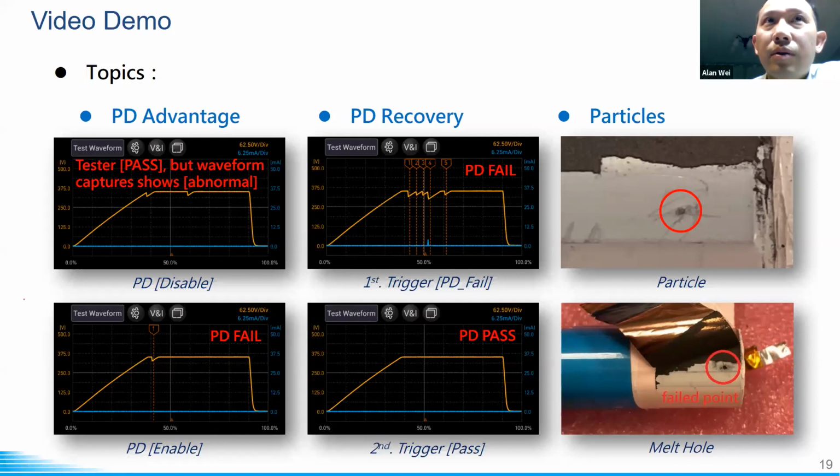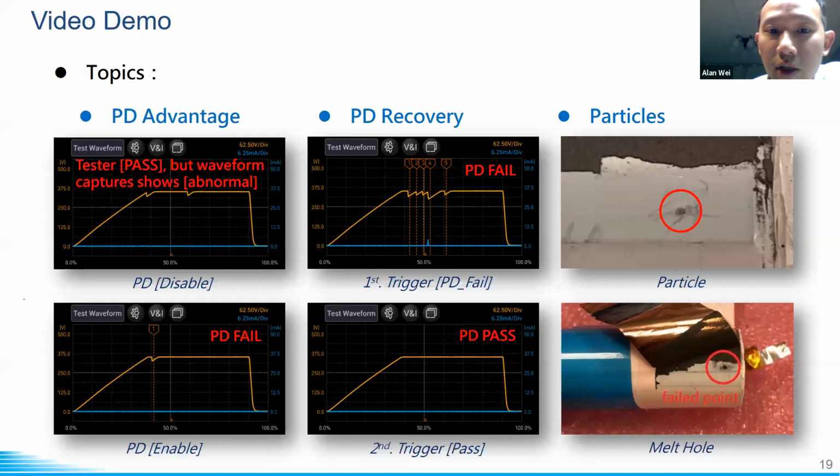Do you remember in the previous slide we introduced that if we apply a certain higher voltage on a defective sample, there will be a melt hole. The melt hole becomes a good insulation material. It's not the separator, it's air itself. However, the air can provide enough insulation distance.